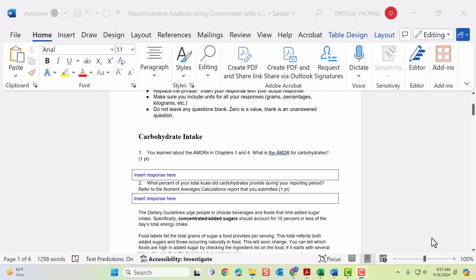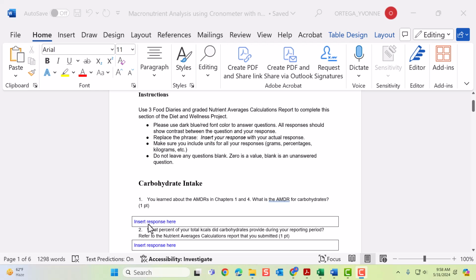Okay, so the first section is carbohydrates, and I look at kind of quizzing you. Do you know what the AMDR for carbs is? This was reviewed in chapter 1, so if you need a review, go back and look at the AMDRs. I ask you to insert your response here. Please notice that I have it in blue because I need to see a distinction between your responses and the question.